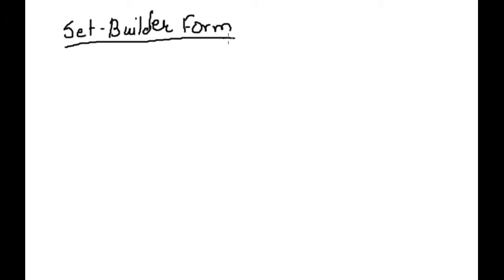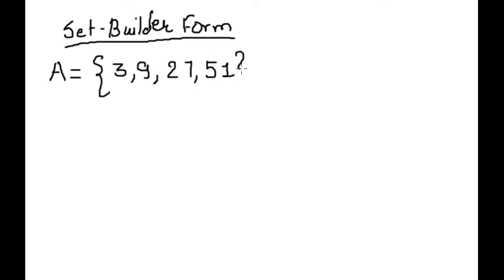Let's suppose I have a set like this. This is in roster form. What is the common thing we can find here?